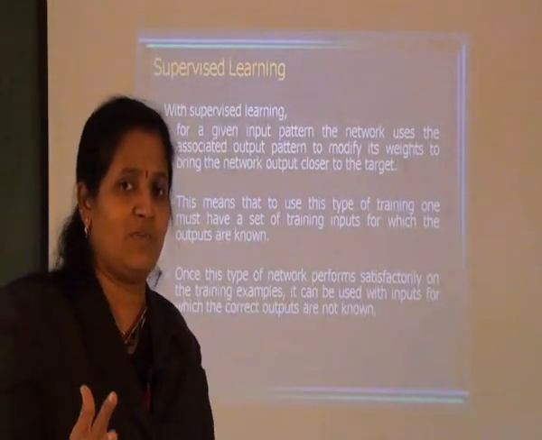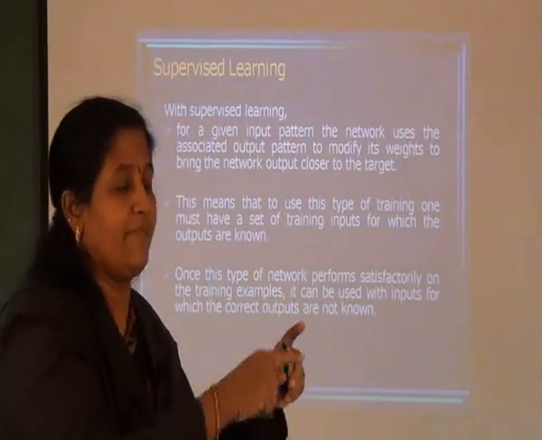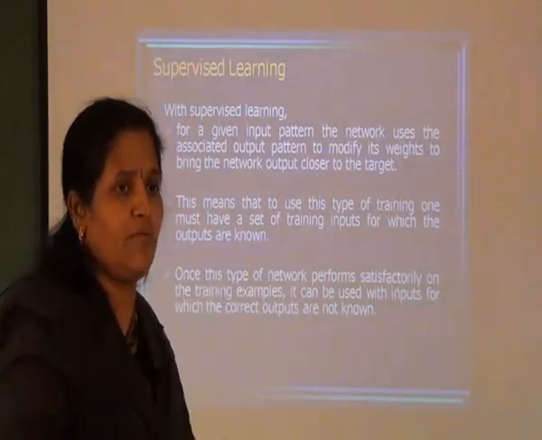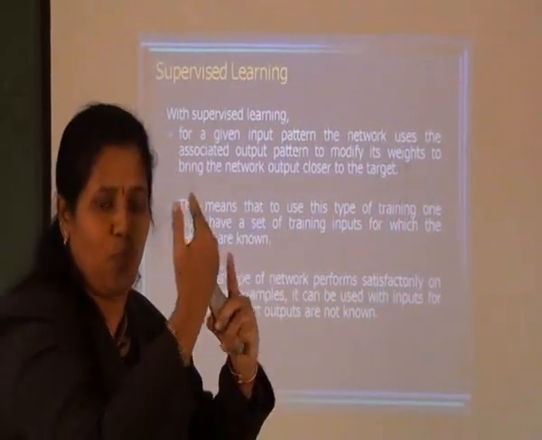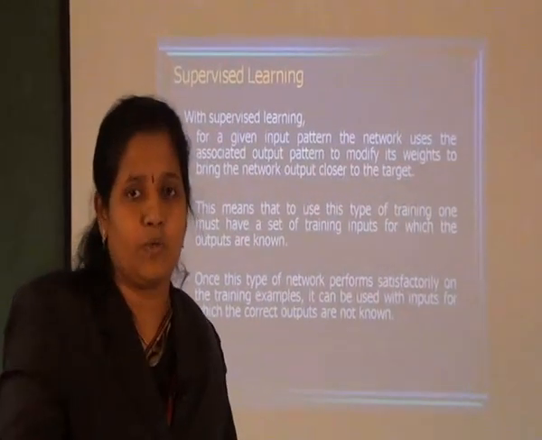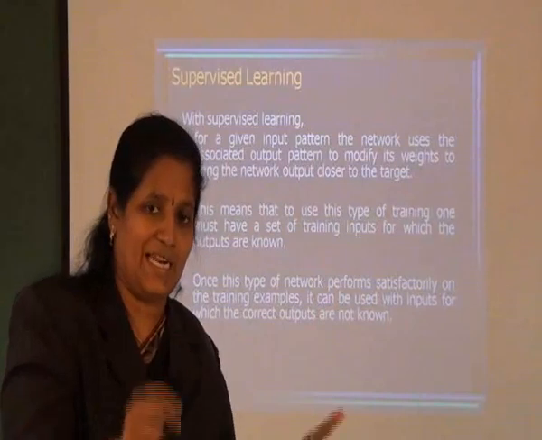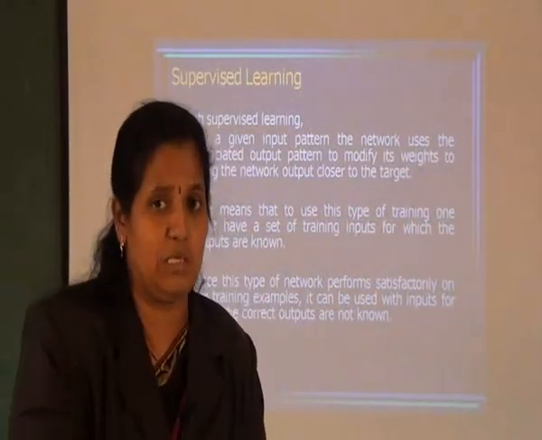In supervised training, we know the input. If there is one top and four legs, we know it is a table. If there are four legs, one top, and one back, then it is a chair. So we know the input as well as the output. During supervised learning, both the inputs and outputs are presented to the neural network.